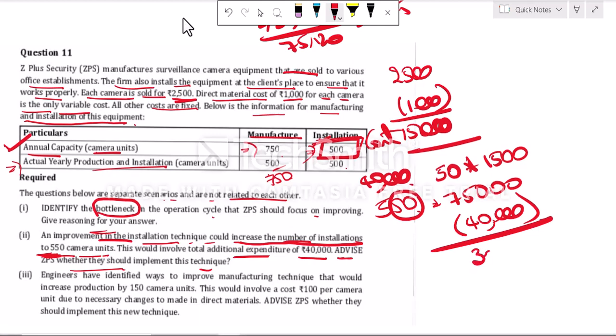So 35,000 will be the profit if we incur that expenditure. Okay, so it is profitable to incur the 40,000 expenditure.